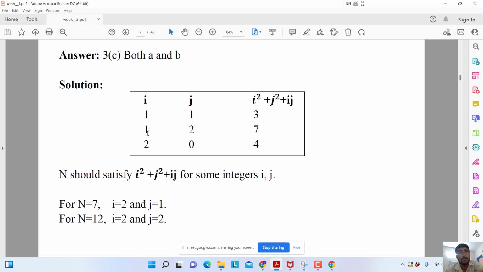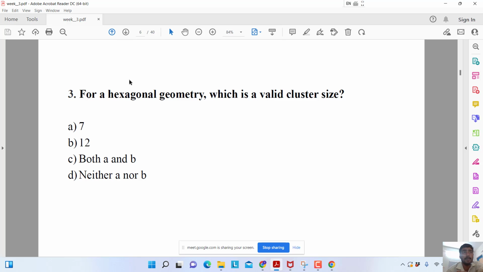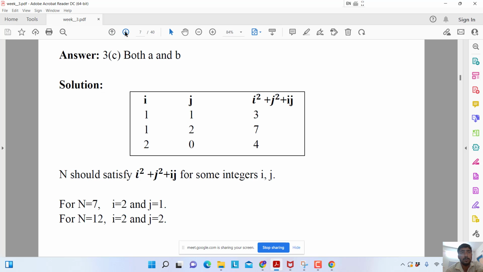Similarly, for i is 1 and j is 2, it comes 7. So in our case, we have the options of N as 7 and 12. If we put i as 2 and j as 1, or i is 1, j is 2, we are getting 7. So it can become a valid cluster.